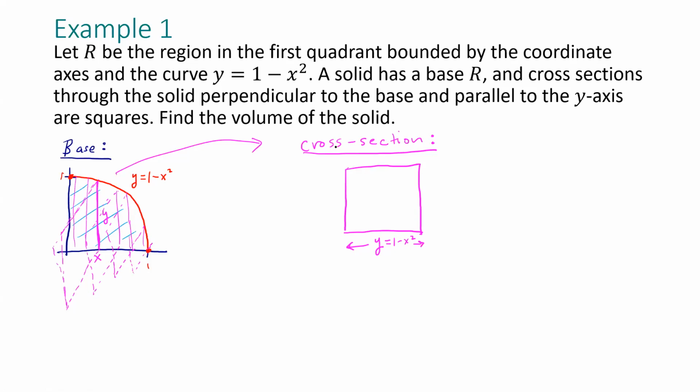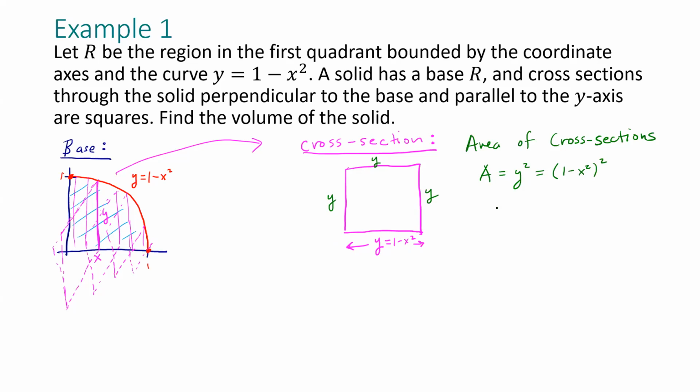And let's think about now what the area of our cross sections are. Here it's actually easy enough to find the area of a square. If we know that the sides are length y, they're both y along each side, the area would just be y squared, and in this case, y is given by the equation 1 minus x squared.